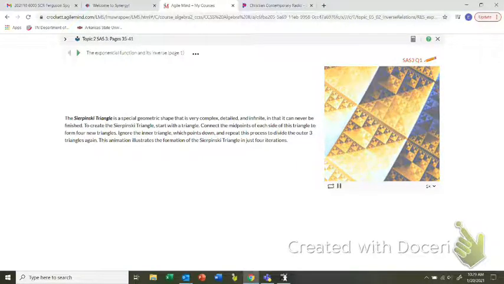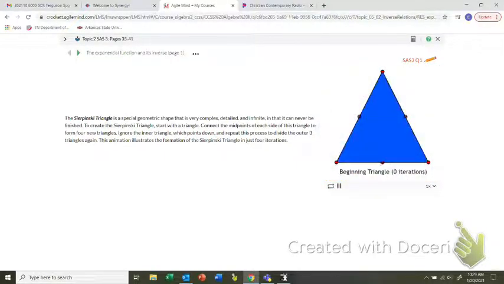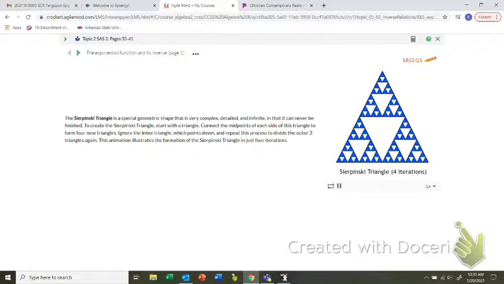So first, we start with a simple triangle. We connect the midpoints to form 4 new triangles. So now we have 3 blue and 1 white. Same thing again: the midpoints, connect them. Here are just 4 iterations.